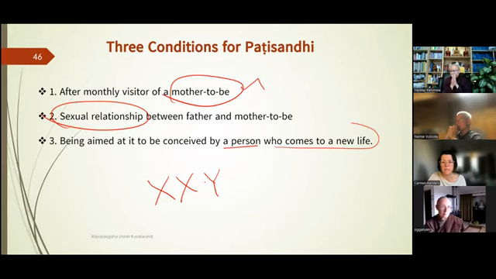But some people are born with two organs, male and female. In this case, how do we decide whether that person has the Itthibhava or Pumbhava?